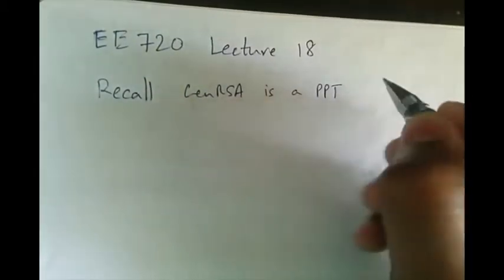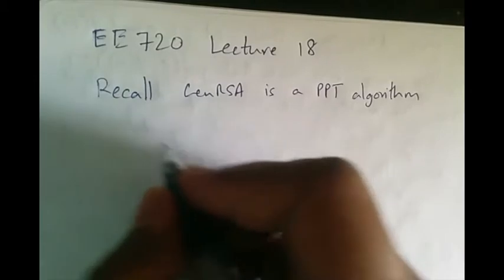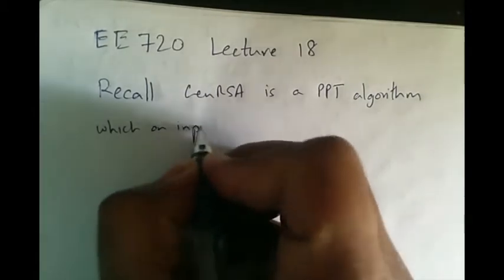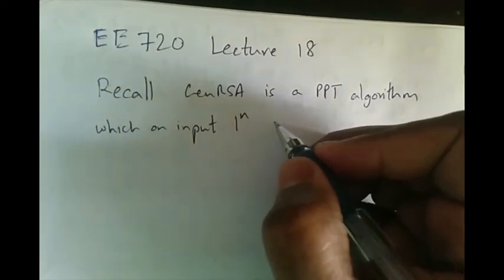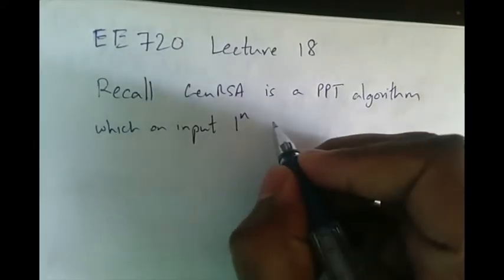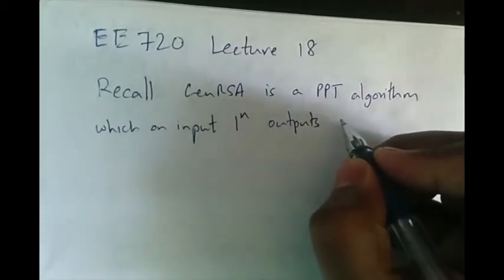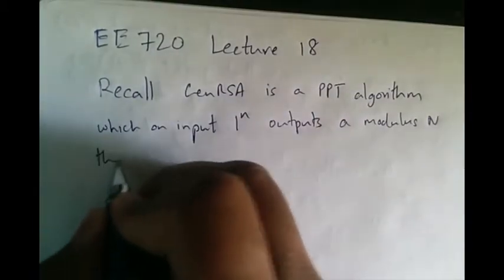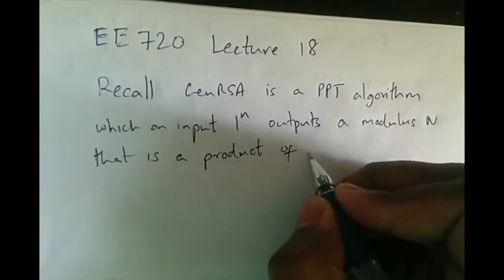It's a PPT algorithm, a probabilistic polynomial time algorithm, which would take a security parameter as input and output three things: a modulus n and two positive integers e and d greater than 1. The modulus is the product of two n-bit primes.